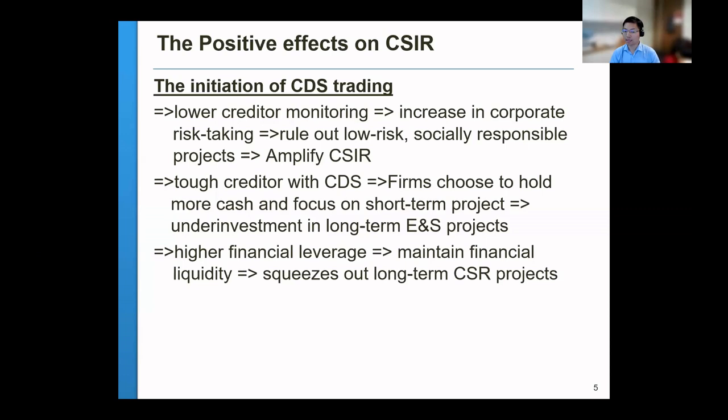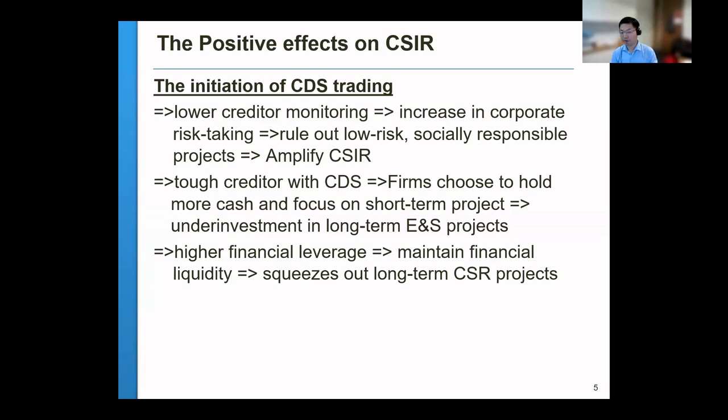The third channel is more like financial leverage. If the bondholder can buy the CDS to protect themselves from the default risk, this will increase the lender base. Because if you're the lender and you worry about the firm's default, you can buy the CDS. That will increase the lender base and make it much easier for the firm to get financial capital, so it will increase the financial leverage.